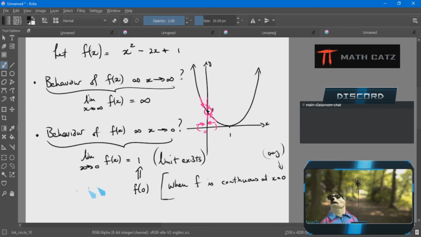Right now I'm getting used to the limit being a translation of the behavior question. Sometimes that behavior question is a little silly, right? I can just plug in the x value. There's no weird behavior happening here. But I could still ask it if I really wanted to. If you really want to ask for behavior, sure, but I'll just plug in the x value and give you the y value.